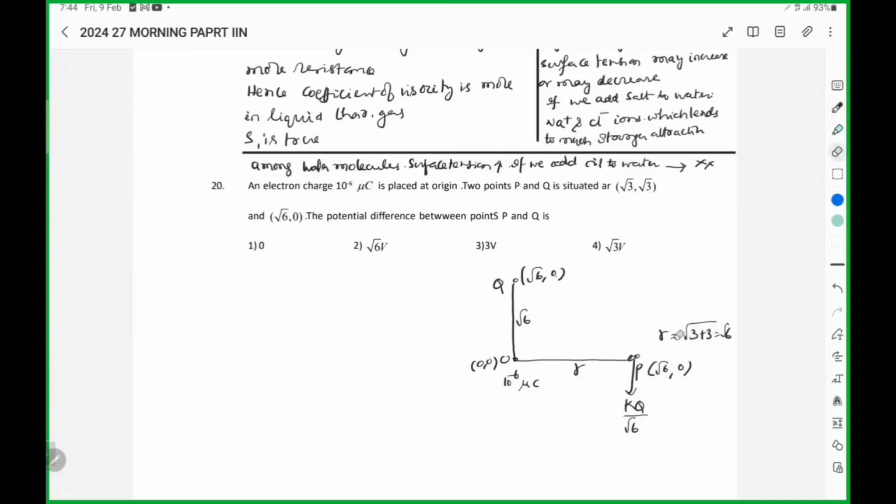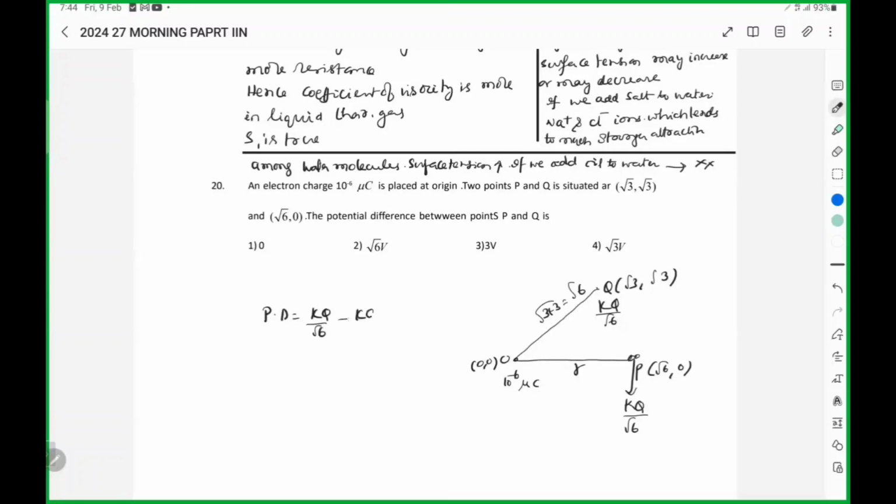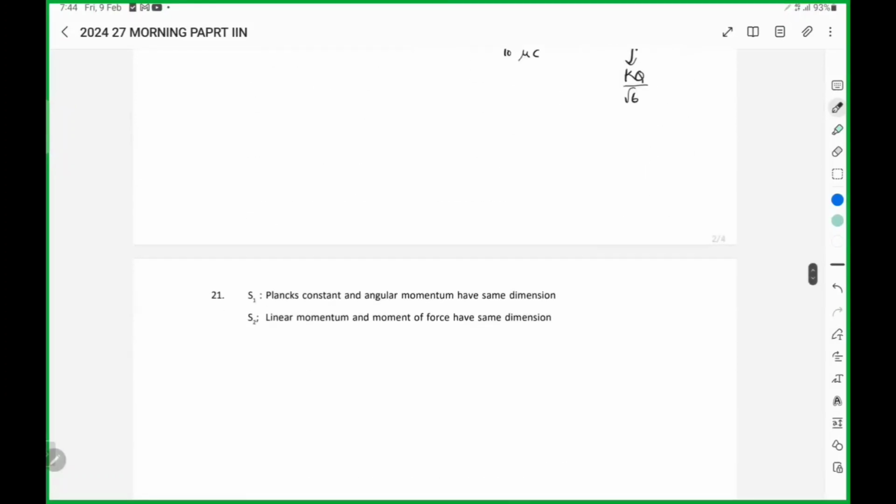Another point is somewhere here, 2 root 3 comma root 3. So the distance between them is root 6. At equal distances, the potential is the same, so the potential difference is 0.